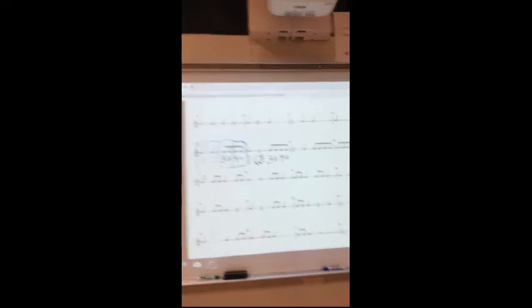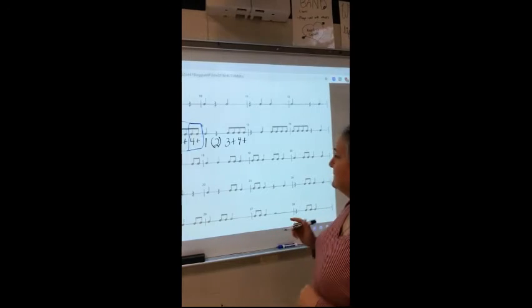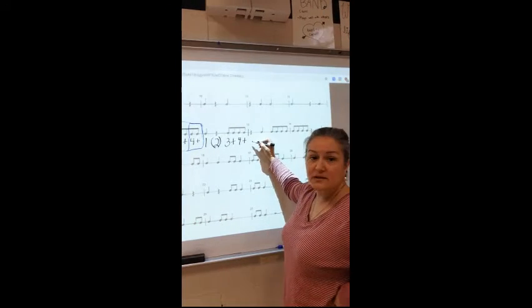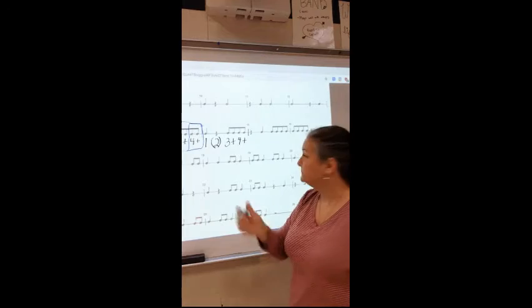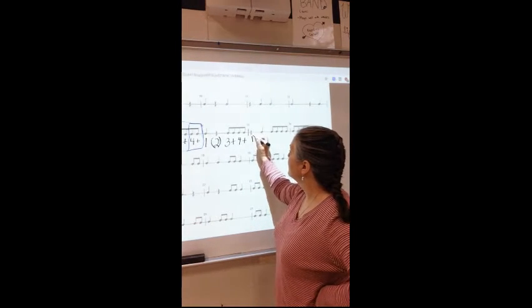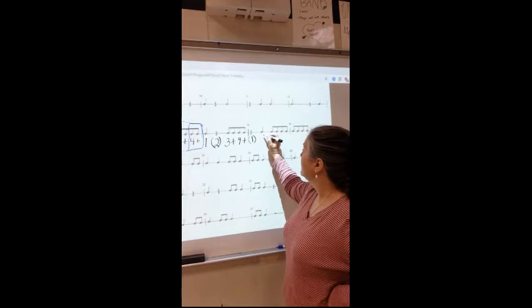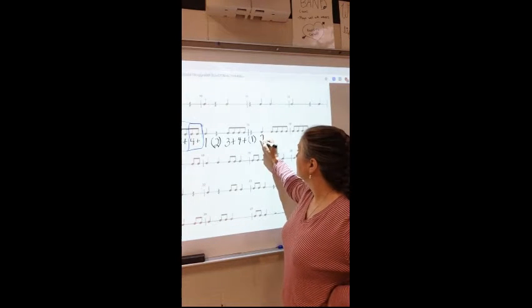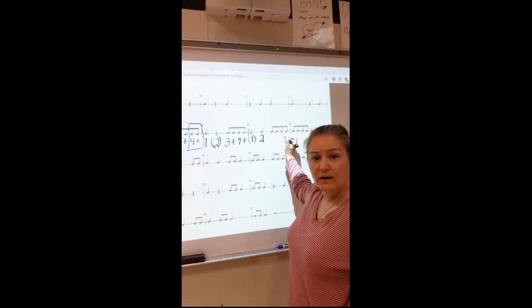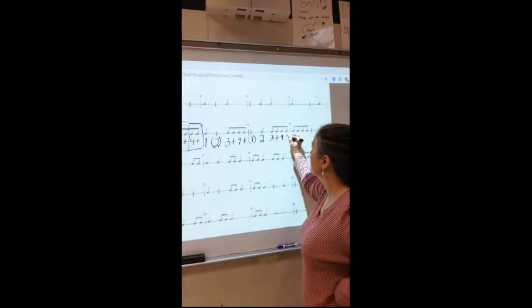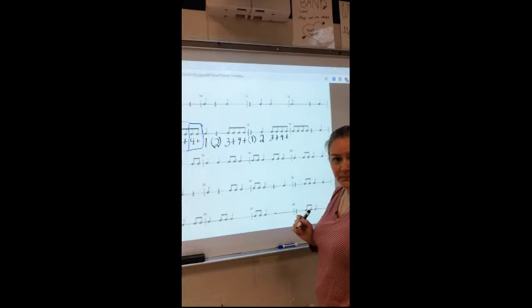Moving on to measure 15. See the bar line here, so after the bar line you have to start over again on beat 1. 1 in parentheses because this symbol is a quarter rest. Beat 2, and then we have our 4 eighth notes again. 3 and 4 and.